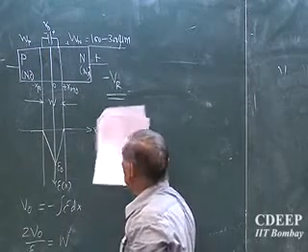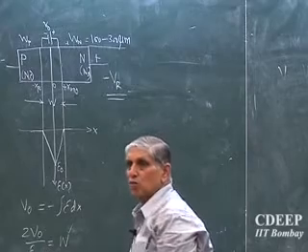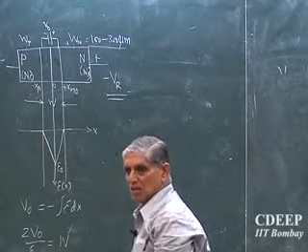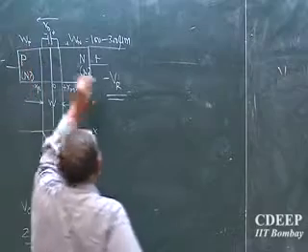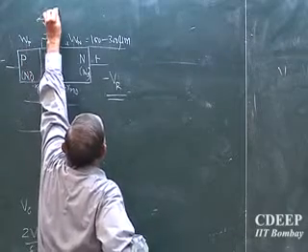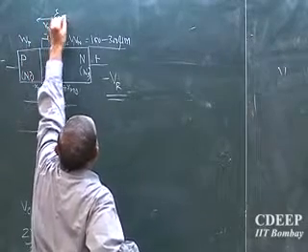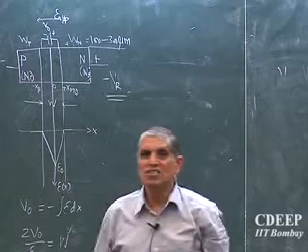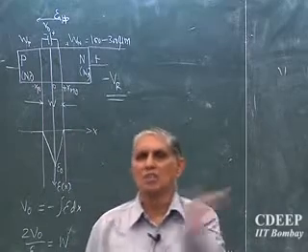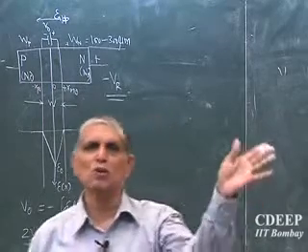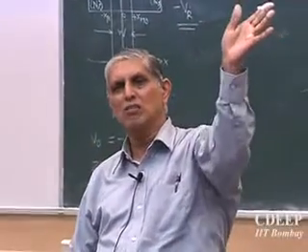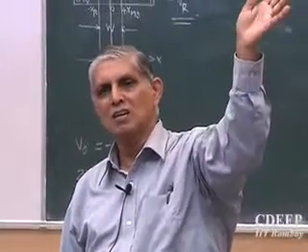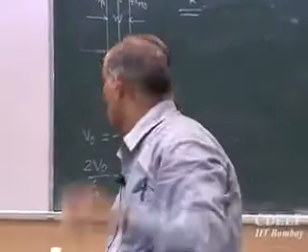Since the direction of electric field is always from positive to negative, this external applied field is in the same direction as the built-in field. The built-in field was also going from N to P. The applied voltage is giving additional field to further enhance the field.